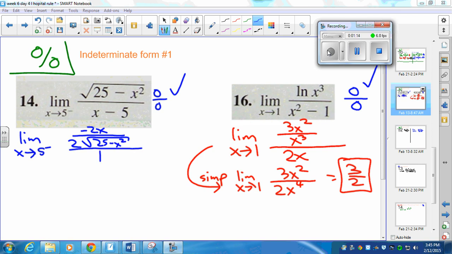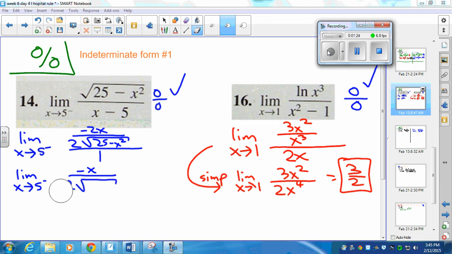If I clean it up a little bit, no, sorry, not 2. Negative x over the square root of 25 minus x squared. And when I plug into that, I get negative 5 over 0.